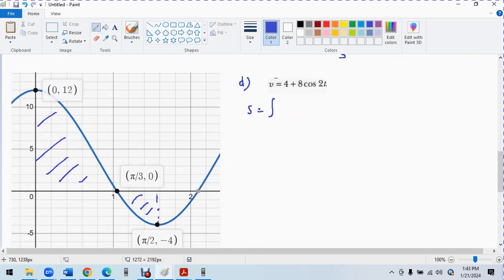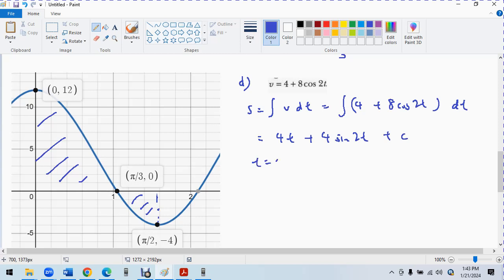S is the integral of v dt, the integral of 4 plus 8 cos 2t dt, which equals 4t plus 4 sine 2t, that is 8 divided by 2, because the integral of cos becomes sine, plus c.